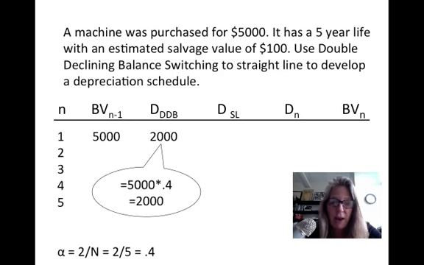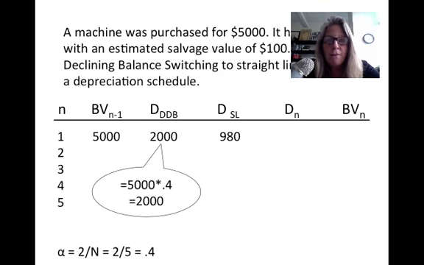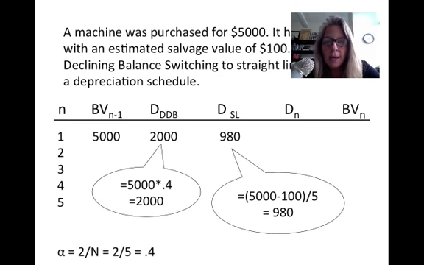So in this case, it's 5,000 times 0.4, or 2,000. For straight line, the equation is I minus S over N. So we have an initial value of 5,000 minus the salvage value of 100, over the 5-year life, which is 980.